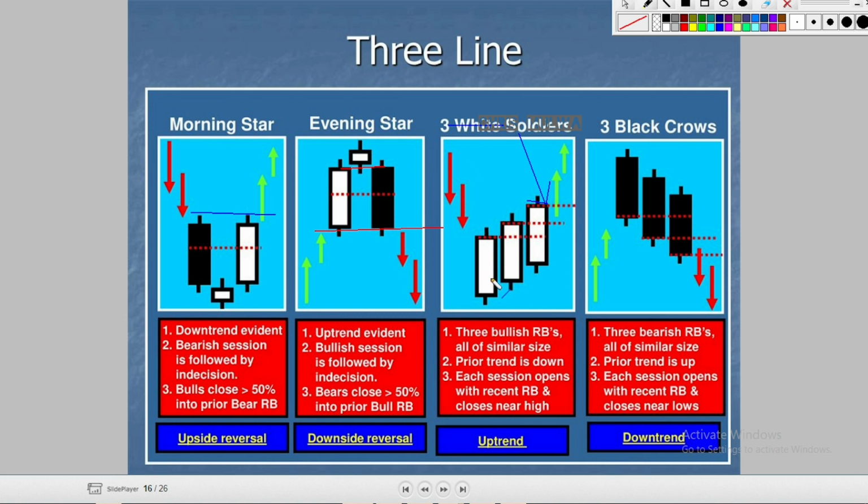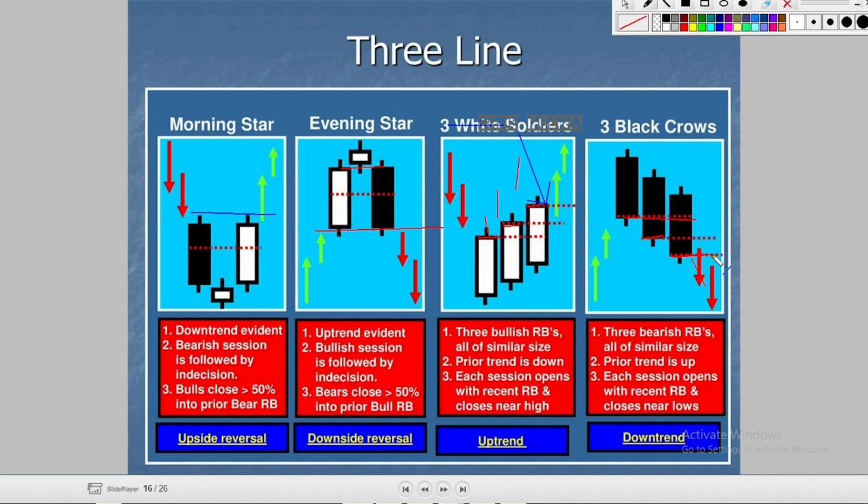We have the white soldiers, they are here going up, the three soldiers are following each other, and if you check, this close is higher than this, is higher than this. Three black crows, if you check, this one is lower than this, the closing is lower than this one, they are going down, so we sell at this point or at this point.